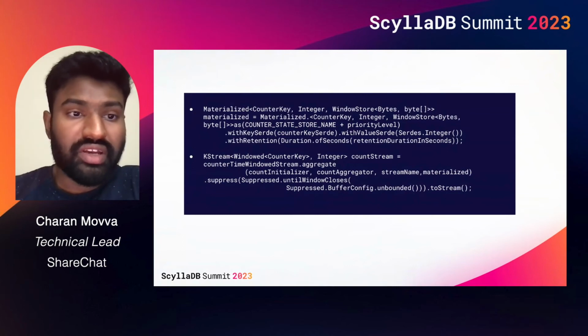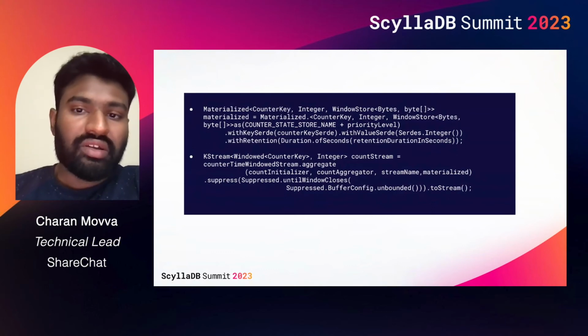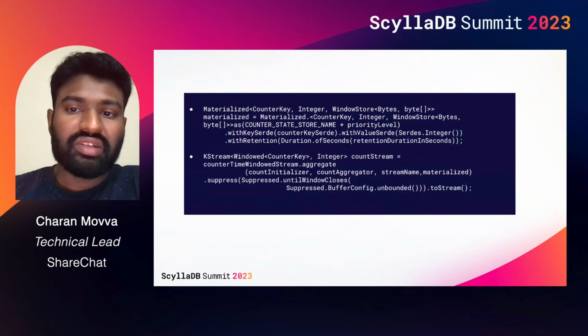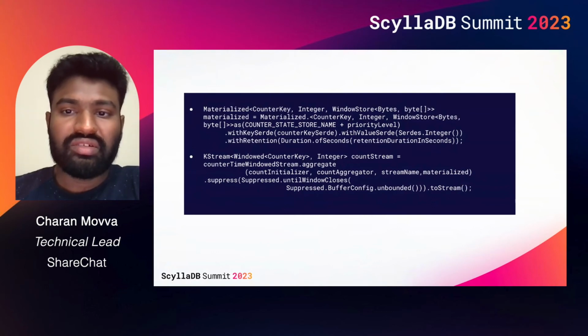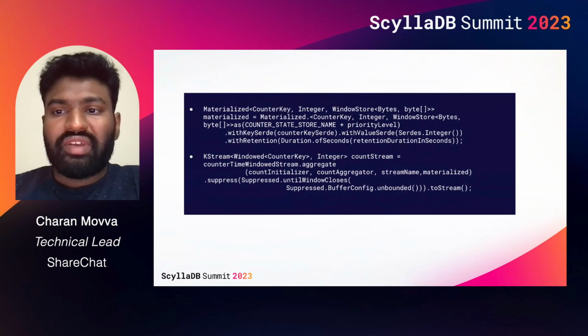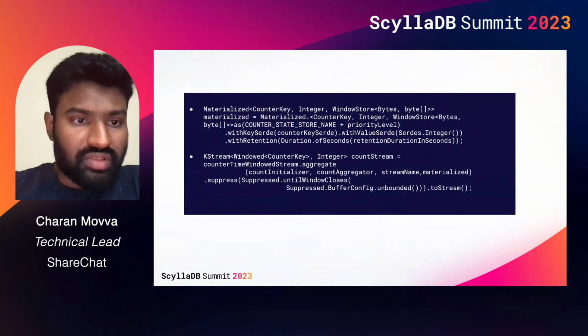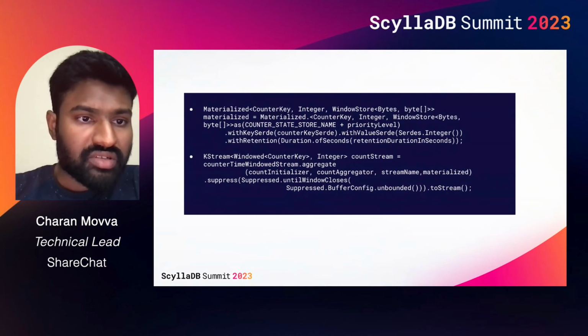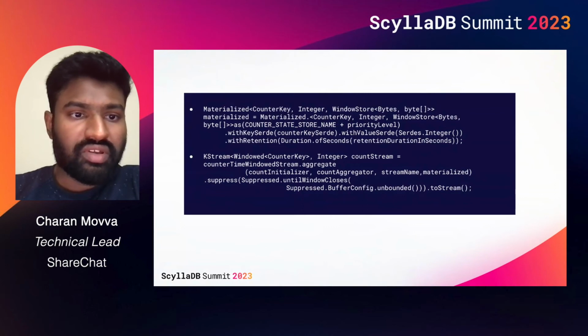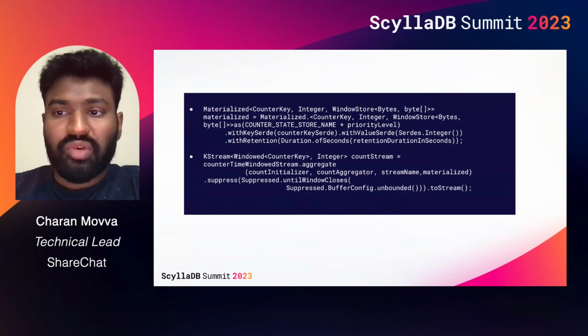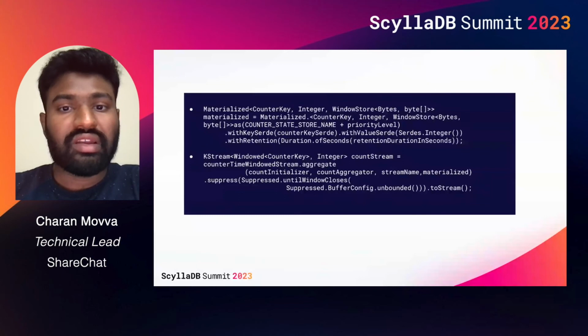But we are only interested in the final aggregated value, which comes at the end of the window. So we send in this extra argument to suppress all the values until the end of the window, and that is the suppressed buffer config, which is unbounded. So we are sending unbounded as a suppressed buffer config, which is unconstrained by size.